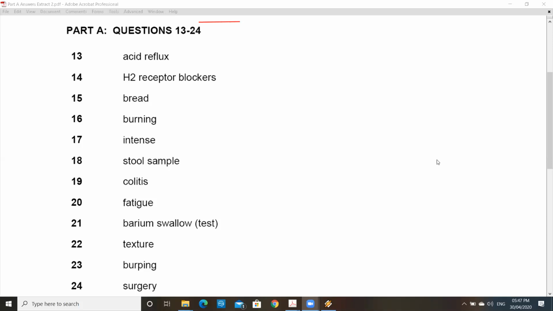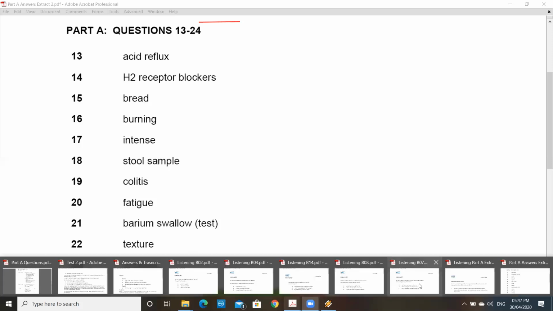But fire would not be a type of sensation. Yeah, that is why the prediction is important. The patient may describe it in that way, but the correct answer is burning. We must write burning.